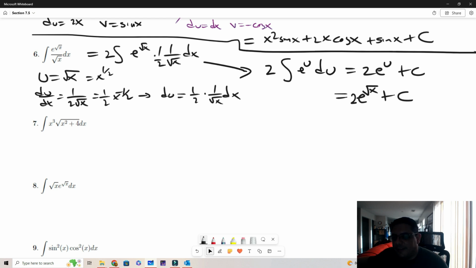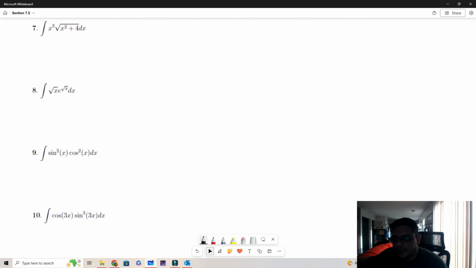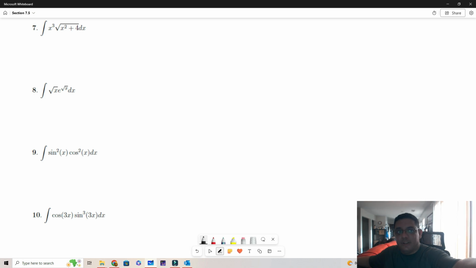So now number 7. Notice that number 7 has a bunch of things going on that makes me think a little bit more. I have this x squared plus 4, which is going to make me think that this is a trigonometric substitution that I can use.